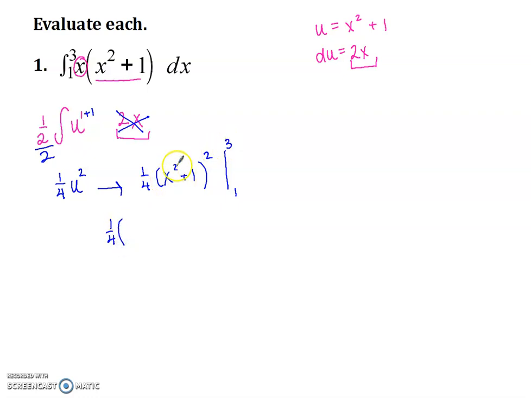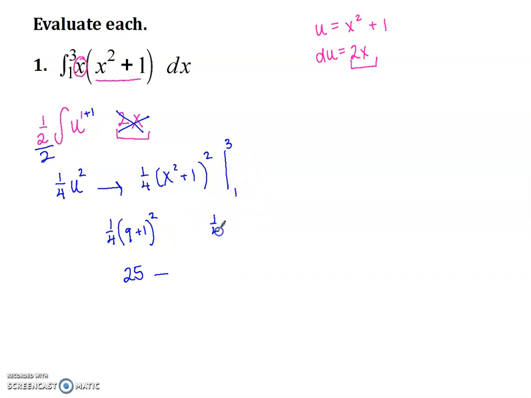So I'm going to have 1/4 times 3 squared is 9. Plus 1, squared. So that's going to give me 10. 10 squared is 100 times 1/4 is going to be 25. And then I'm going to subtract what I get when I plug in 1.